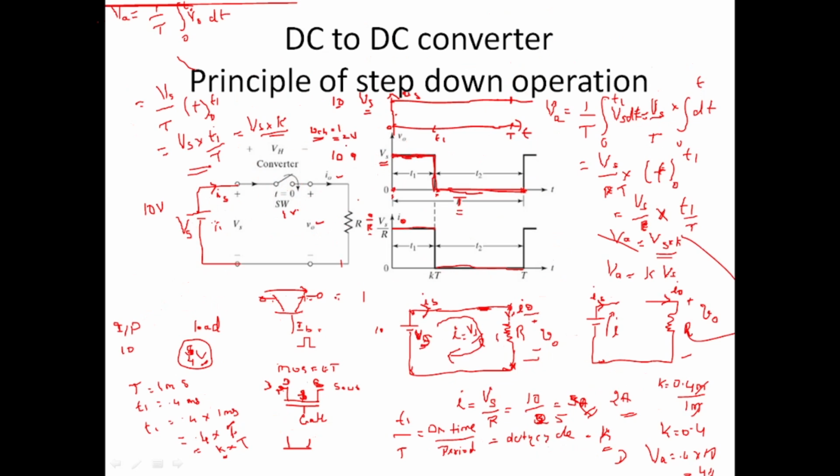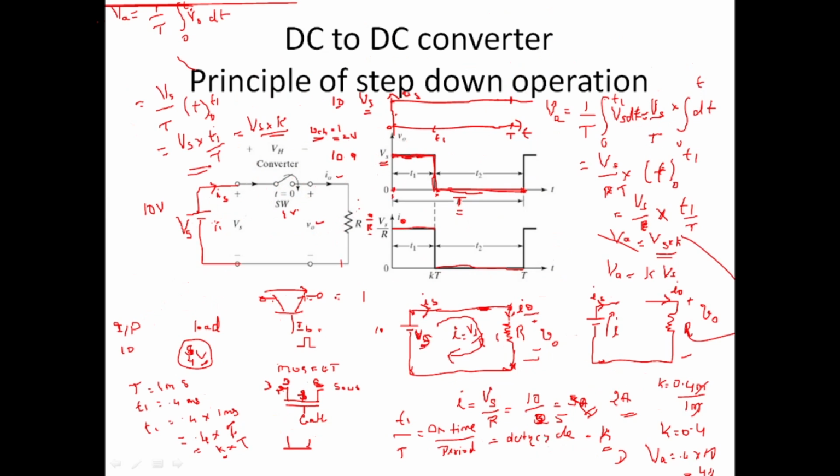If you consider that, then output power is not the same as input power. If you neglect the chopper loss, the output power is the same as my input power. In all the analysis we did so far, we have neglected the chopper loss.